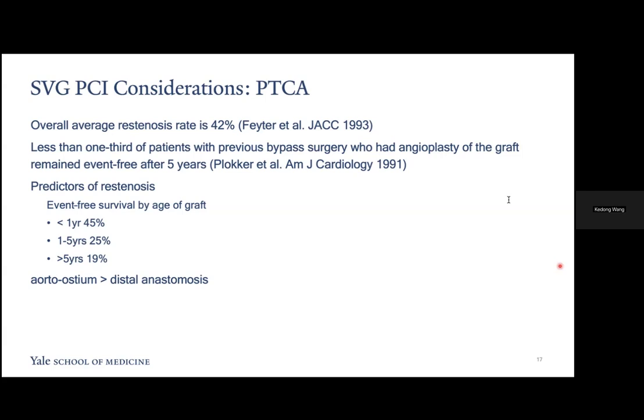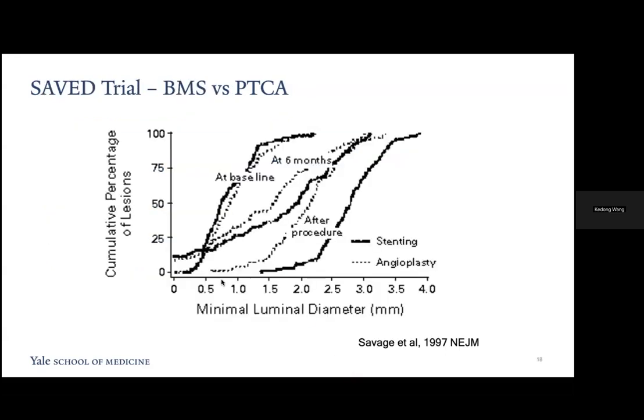Some predictors of restenosis: in general, the younger the graft at the time of intervention, the greater the procedural success and the lower the rate of restenosis. It's also been found that aorto-ostial lesions tend to restenose more than distal anastomoses.